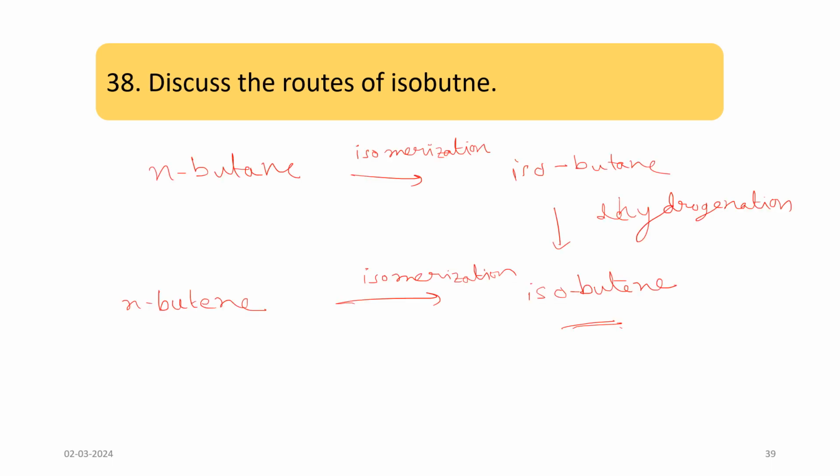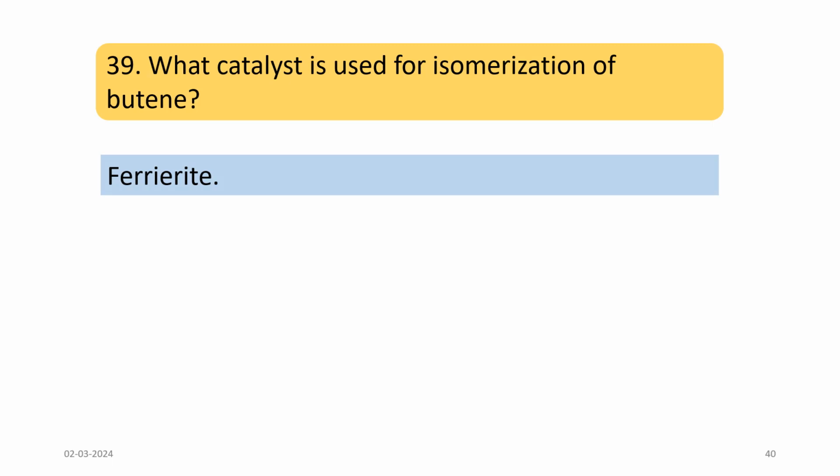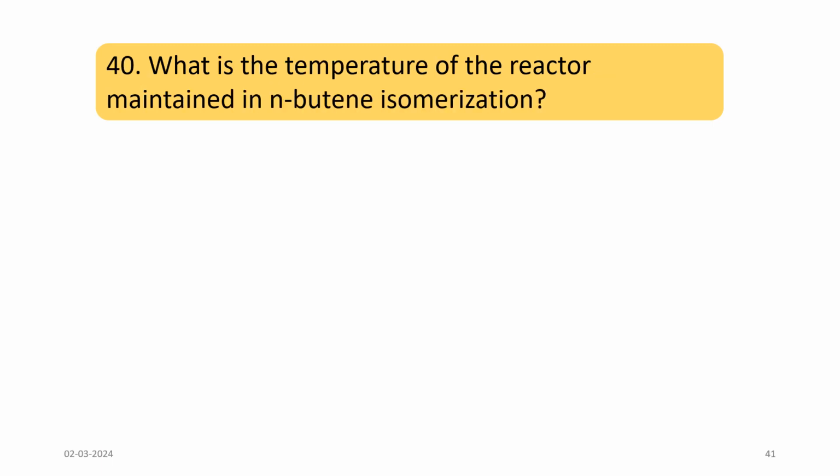So from this butene to isobutene formation the catalyst used is ferrierite. Okay, this is one type of zeolite. Next question is, what is the temperature of the reactor maintained in the N-butene isomerization process?